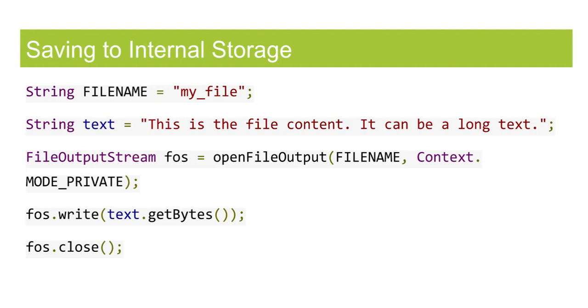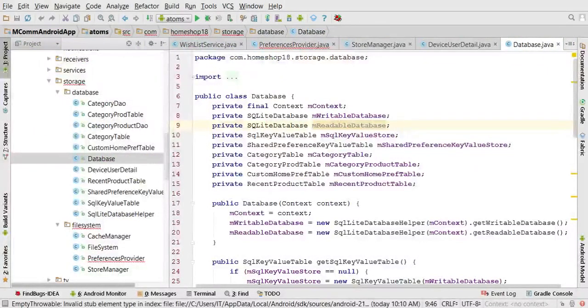Let me show it to you in code. So here is the onCreate method of the activity. Here is the method saveMessageInInternal. This is the message I am passing. This is the method I have created here.